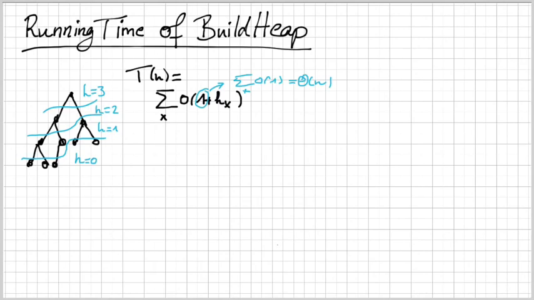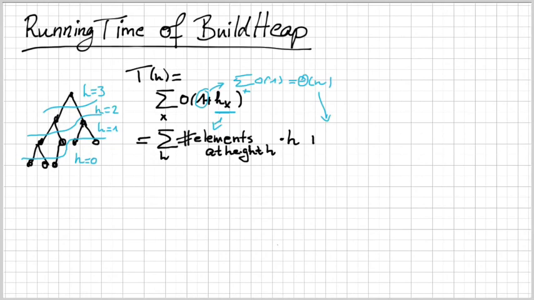So the interesting part is the sum over the heights, and we can rewrite it so that we look at every height, count the elements, and then those elements get a weight of h in that sum. So I would be looking at, for instance, the nodes of height 0, and they contribute 0.